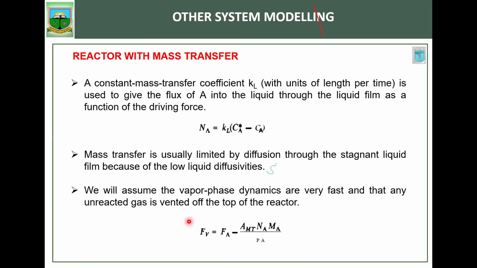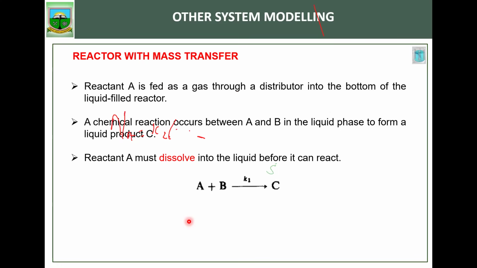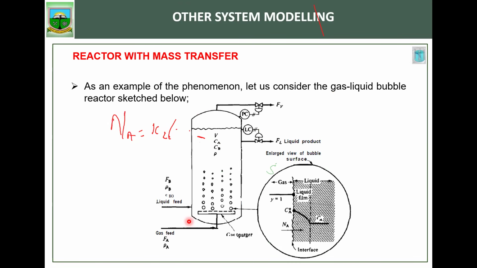So with this, we can write our equation very easily. Here we have to apply mass transfer. So N_A, which is the mass flux, is equal to the mass transfer coefficient k_L times the concentration gradient.